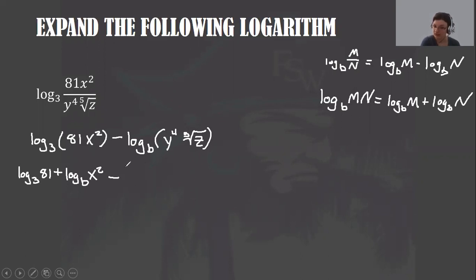Now this minus applies to everything in the denominator, so I recommend having a parenthesis out here to show the minus still applies to it all. And we have our log base 3 of y to the 4th and our log base 3... Yep, that's a silly mistake. Let me just erase that.